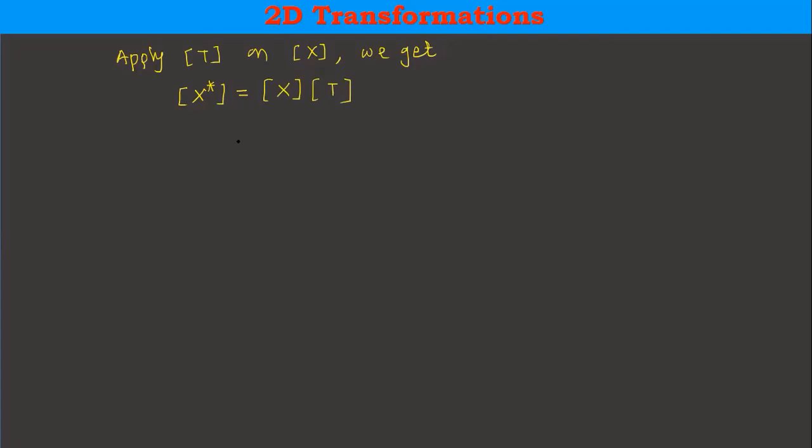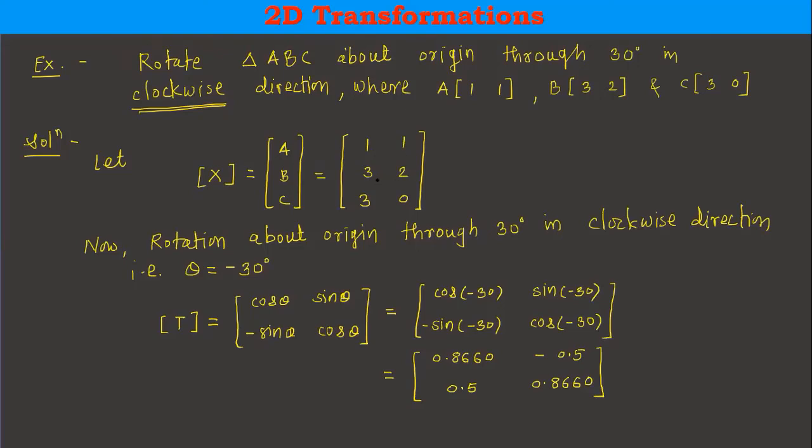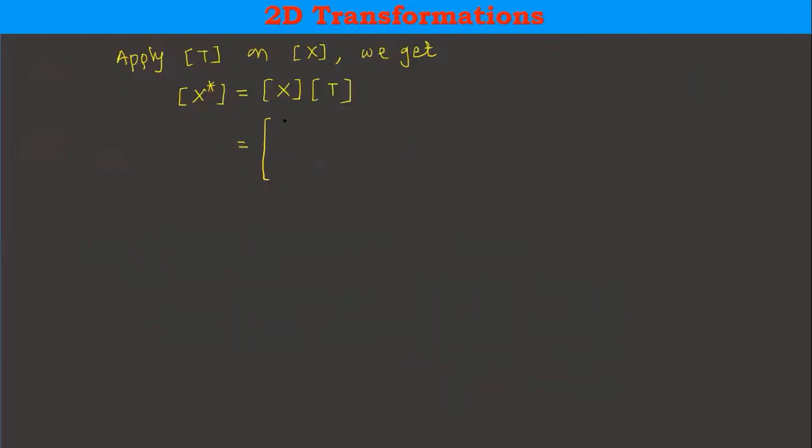Now what is X? I'll write the matrix X here: 1 1, 3 2, 3 0.